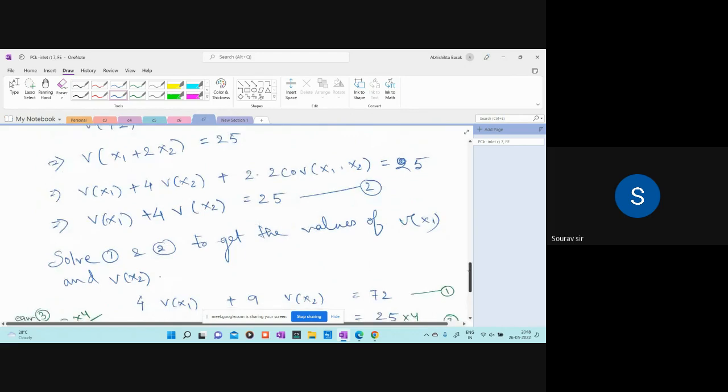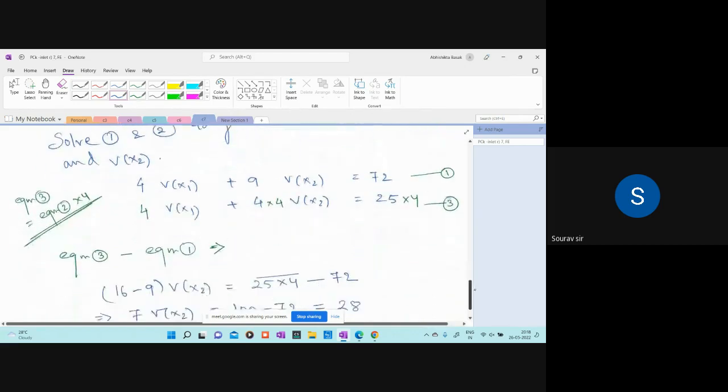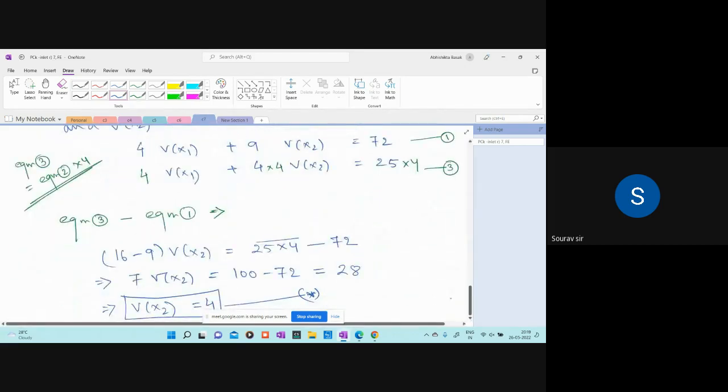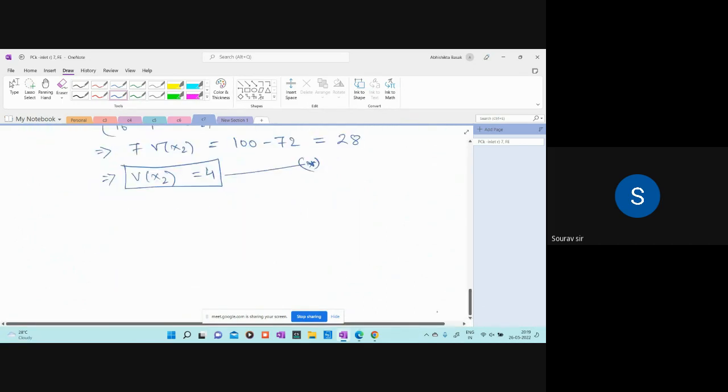Next, we can take equation number 2 itself. Equation 2 says variance of X1 plus 4 variance of X2 equals 25, which gives variance of X1 equals 25 minus 4 into 4 by star.